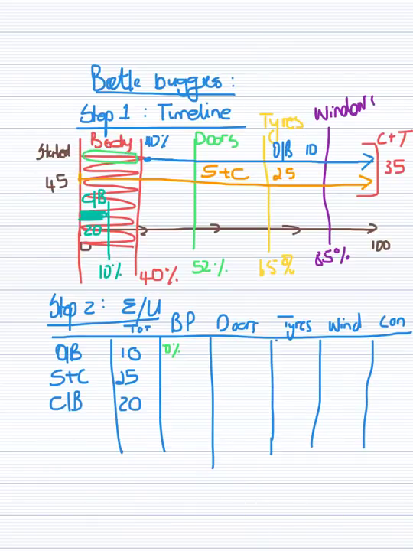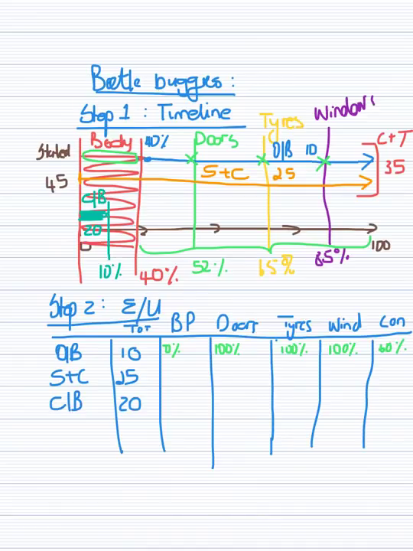Here, the blue line overlaps with doors, with tires, and with windows. So what that means is I've added 100% of the doors, 100% of the tires, 100% of the windows. And conversion tells me what is the portion of the line. I was on 40, I went to 100, so conversion is 60%.